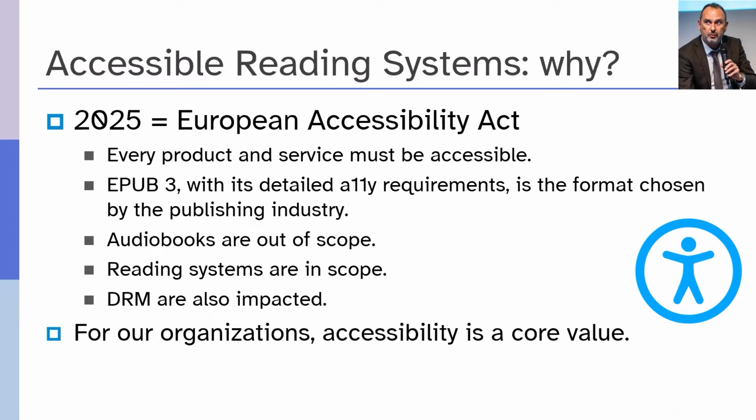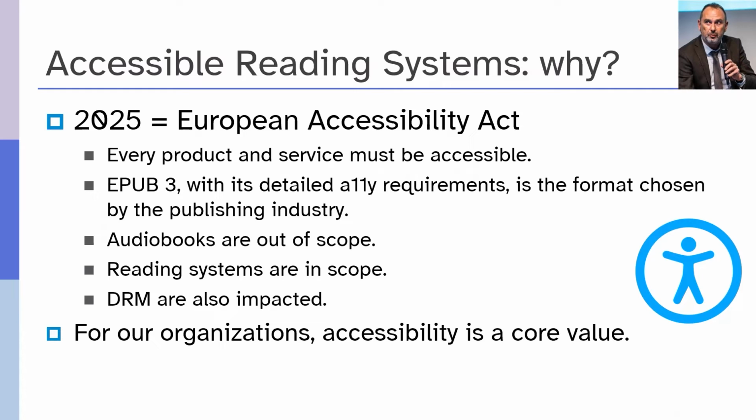Let's note that audiobooks are out of scope of this European Accessibility Act. So I would say that generic audiobooks sold on the market today won't have to have special accessibility enhancements like a TOC, the table of contents. But on the other side, all ebooks sold on this market will have to be properly accessible by 2025.